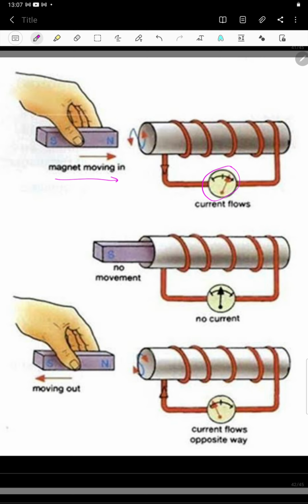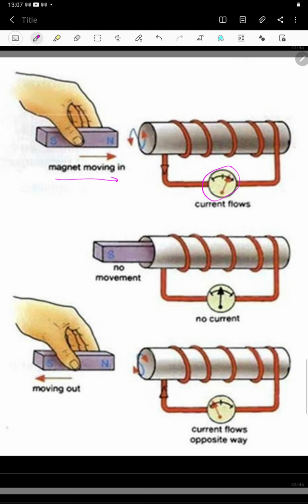Another experiment is that the magnet is moving out of the coil and away from it. In that time, the current is produced in that coil in the opposite direction, that is, in a negative direction.